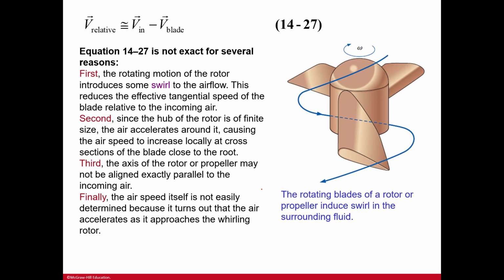Second, since the hub of the rotor is of finite size, the air accelerates around it, causing the airspeed to increase locally at cross sections of the blade close to the root. And then third, the axis of the rotor or propeller may not be aligned exactly parallel to the incoming air. Finally, the airspeed itself is not easily determined because it turns out that air accelerates as it approaches the whirling rotor.